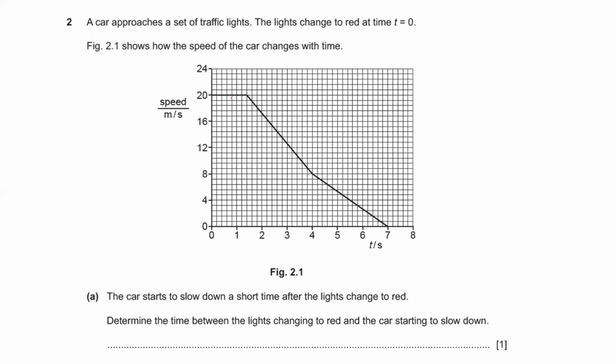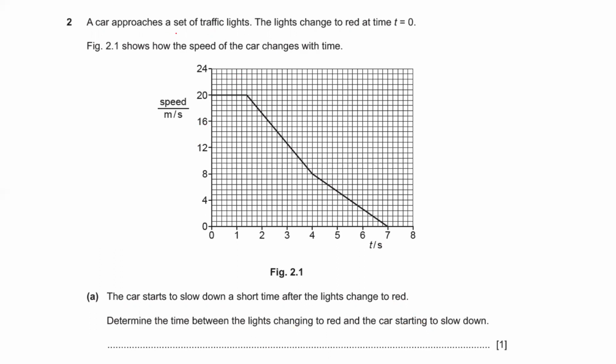Okay, so this is the speed of the car and it changes with time. It says that the car starts to slow down a short time after the lights change to red. Determine the time between the lights changing to red and the car slowing down.